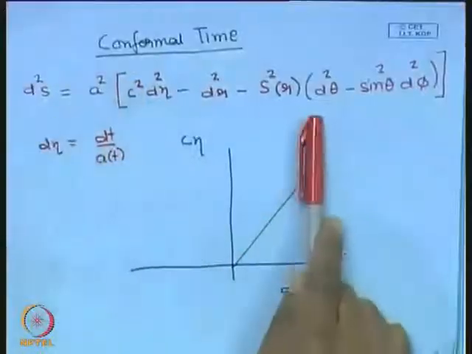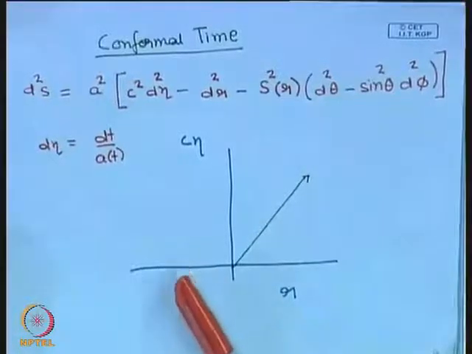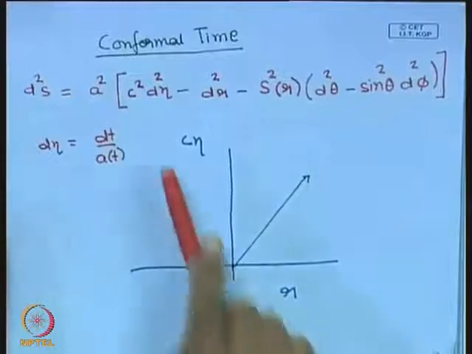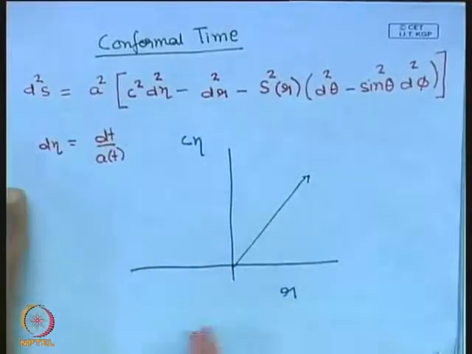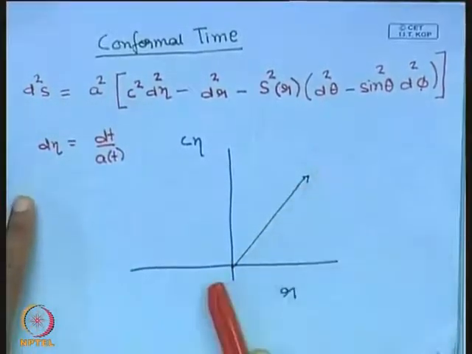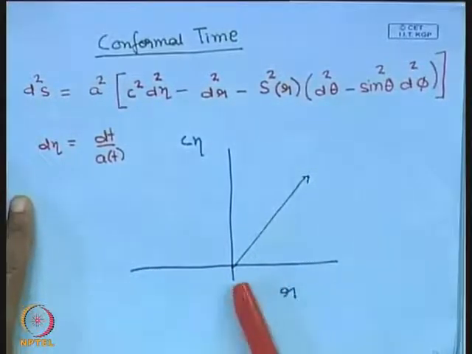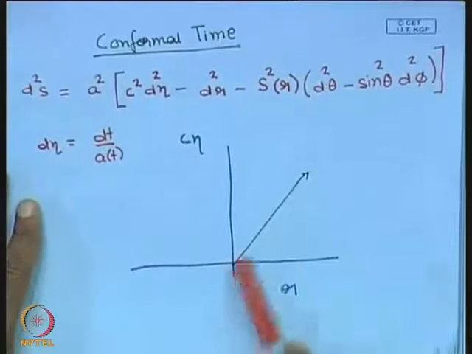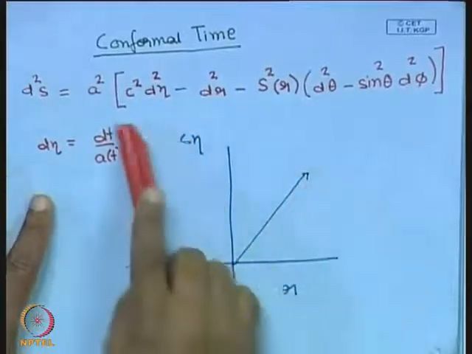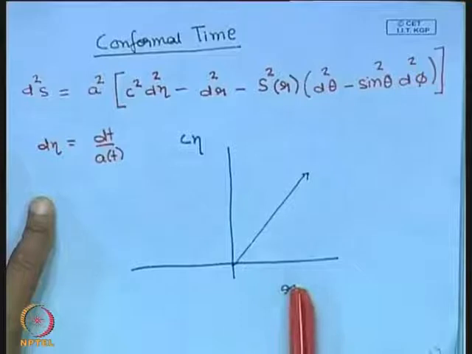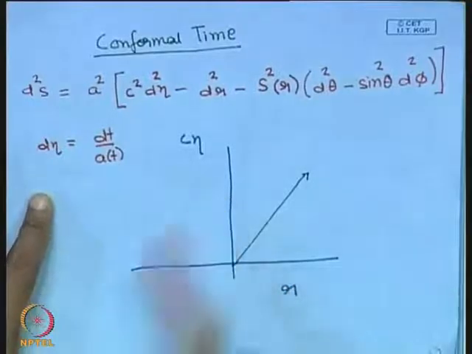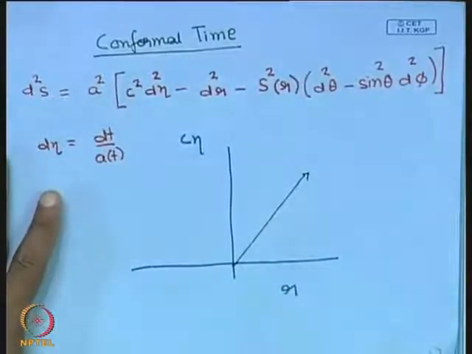We started off by looking at the cosmological line element in terms of the conformal time eta, and the advantage of the conformal time is that the propagation of light in comoving coordinates looks like straight lines if I draw it on a spacetime diagram where I use eta instead of the usual cosmic time. That is the big advantage of using this conformal time.